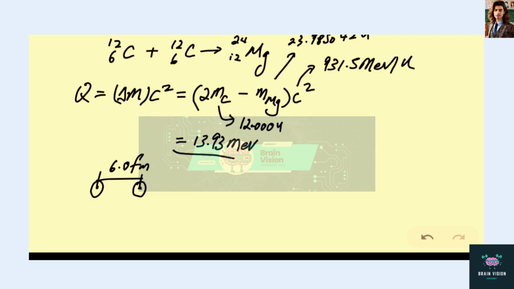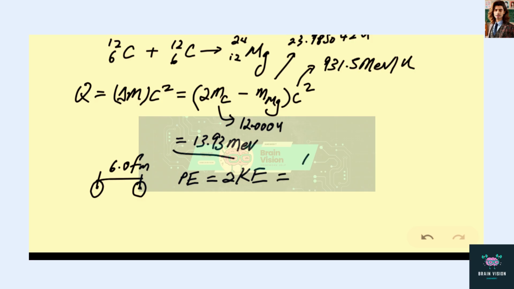So what you've got to do is find this potential energy. This potential energy must equal the total kinetic energy of the system when they are very far apart, which is 2 times the individual kinetic energies of the nuclei. We want to find the individual kinetic energy.